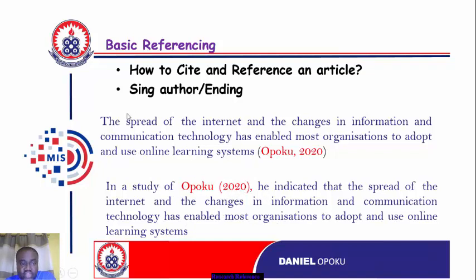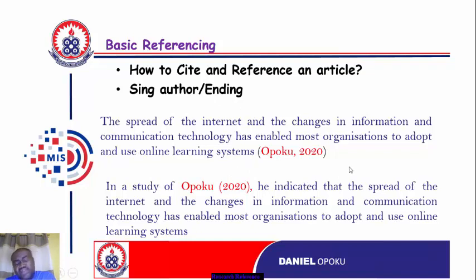You can choose to write a statement and bring the reference or citation at the end here, or you can bring the reference at the beginning of the work as is here. Hope it's clear. So this is just for a single author citation.